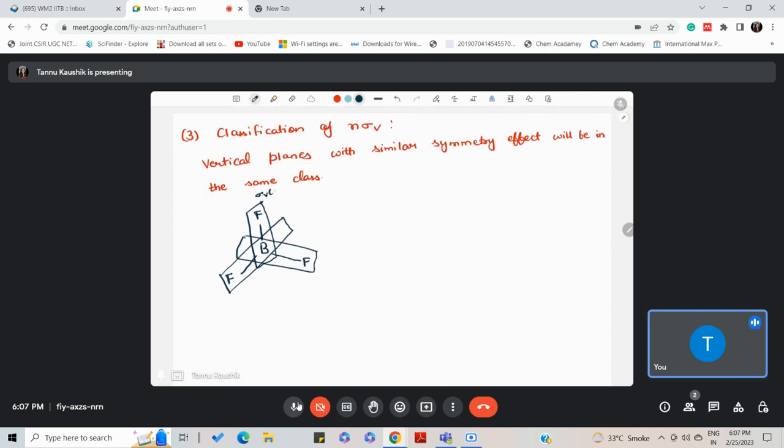These three bonds have similar effect. Sigma v1, sigma v2, and sigma v3. All these three vertical planes have similar effect. Therefore, they will be in the same class.